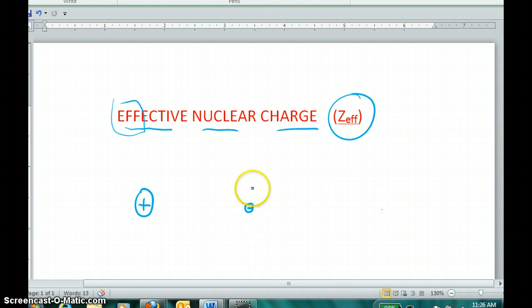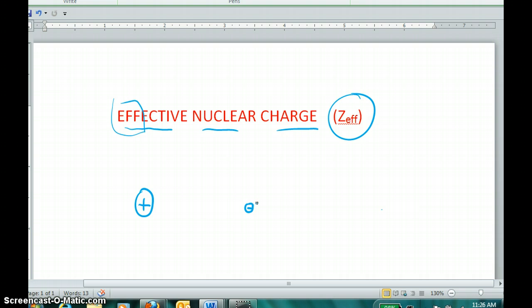And the reason the electrons don't just wander away is because the nucleus exerts an effect on these electrons. There's an attraction between positive and negative charge. And so how great this attraction is is part of what effective charge is all about. What's the effect of the nuclear charge on electrons?